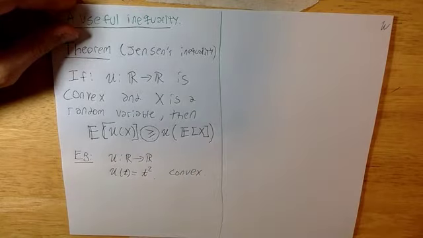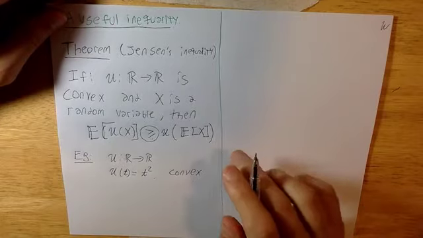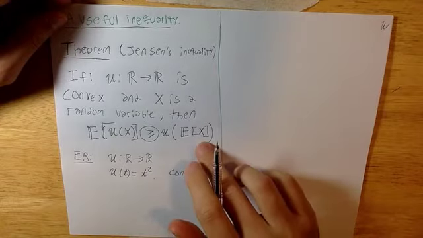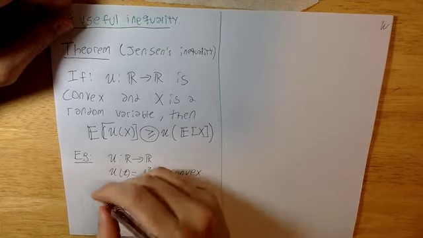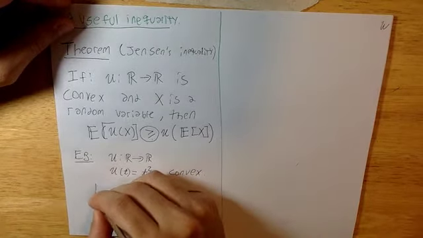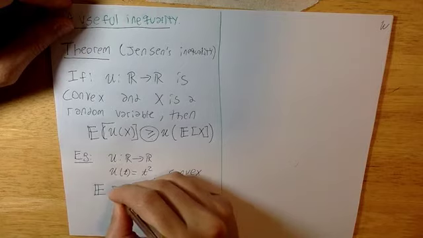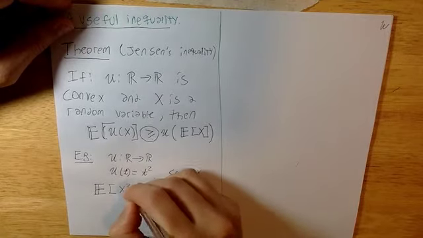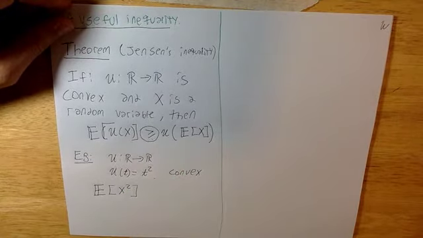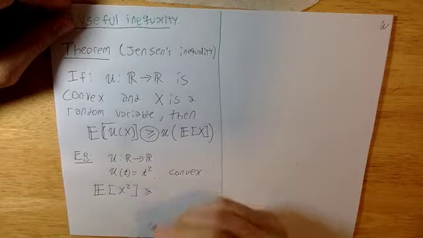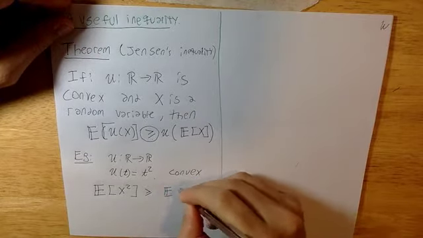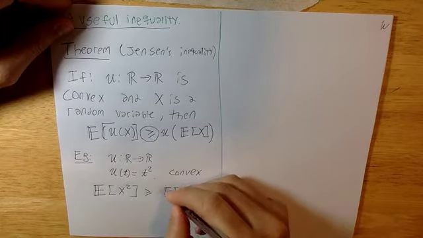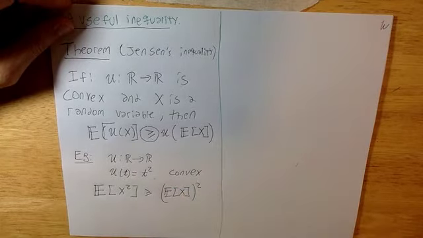And so one of the things that we should know from the Cauchy-Schwarz inequality is basically that the expectation of x squared will be bigger or equal than the expectation of x, squared.